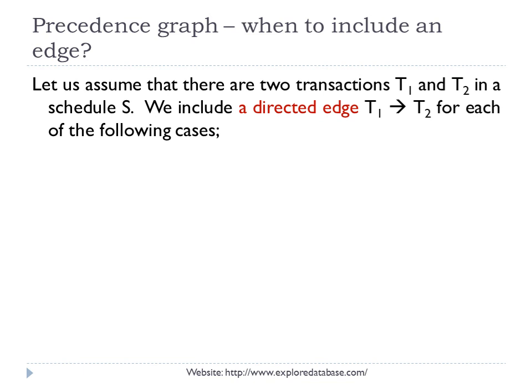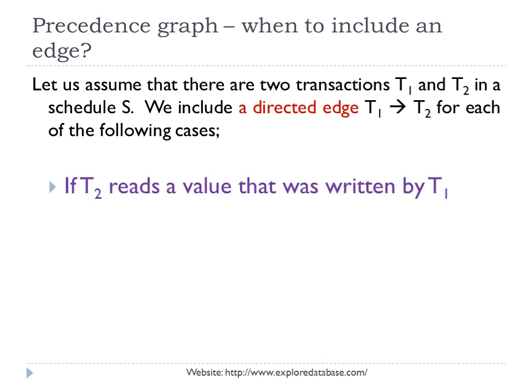Assume that we have two transactions T1 and T2 in a schedule. This results in two vertices, one for each transaction in the precedence graph. Now, how to include an edge between these transactions? We include a directed edge T1 pointed towards T2 for each of the following cases.